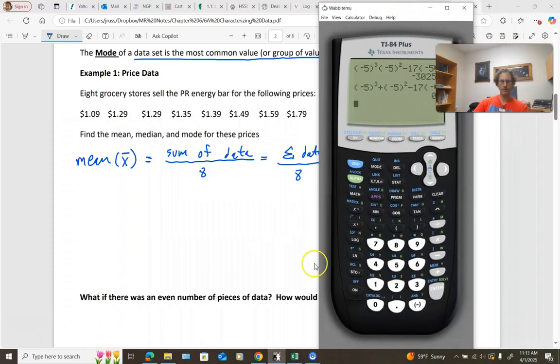So the first thing is a bit laborious in that I have to literally input each individual data value and I have to keep pressing plus and plus. Okay.